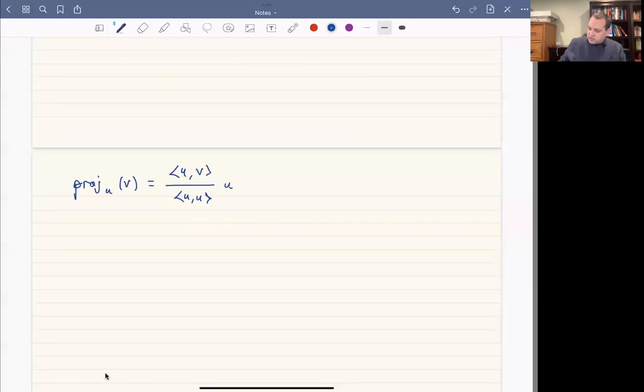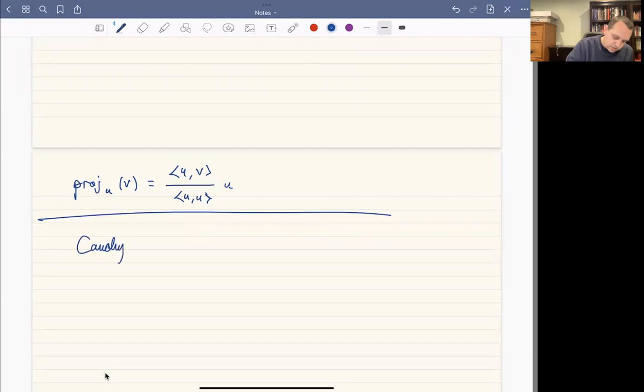But before we do that, the last thing I want to do before we go through and do Gram-Schmidt is talk about a little bit of stuff here. So let's talk about what's called Cauchy-Schwarz. So Cauchy-Schwarz basically says that since we have this angle, cosine of theta is the inner product over the lengths of the products.